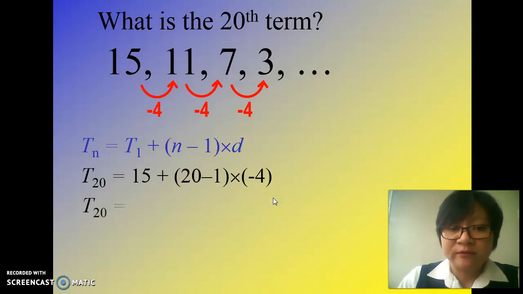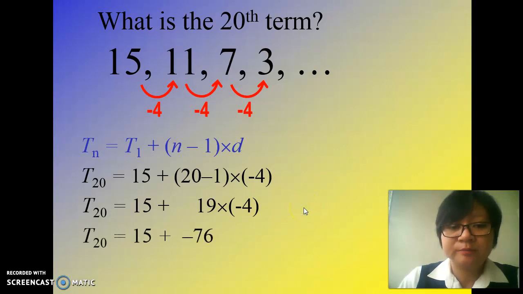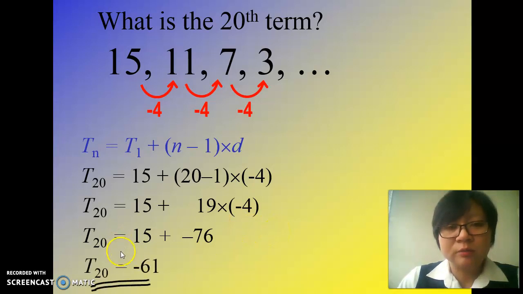You need to solve the bracket first, 20 minus 1, then solve the multiplication, and then solve the addition and subtraction. So the 20th term for this sequence is -61. This is an example of an arithmetic sequence with descending order.